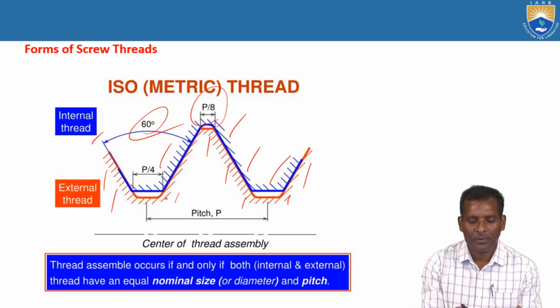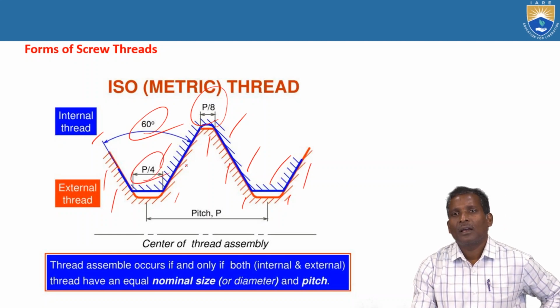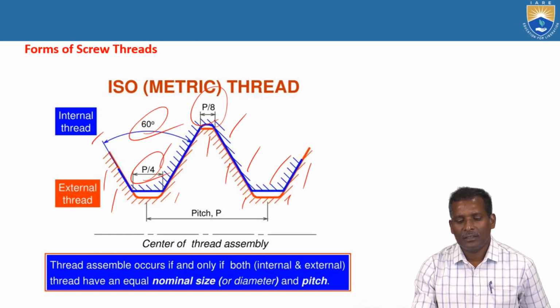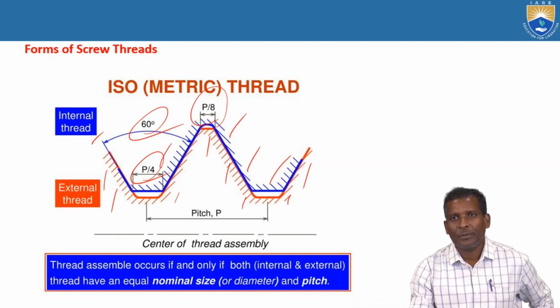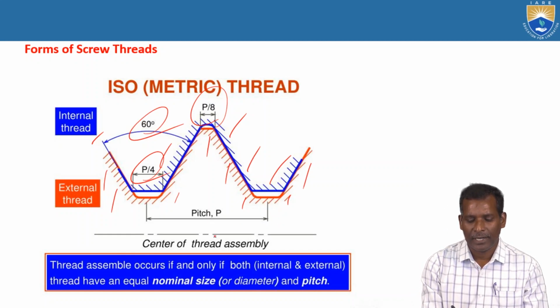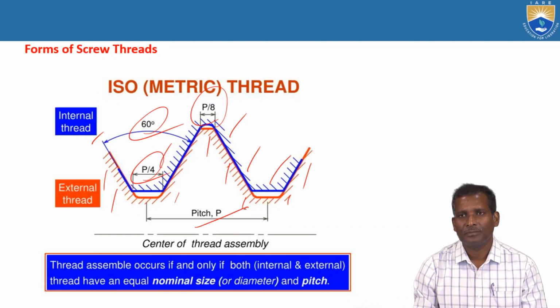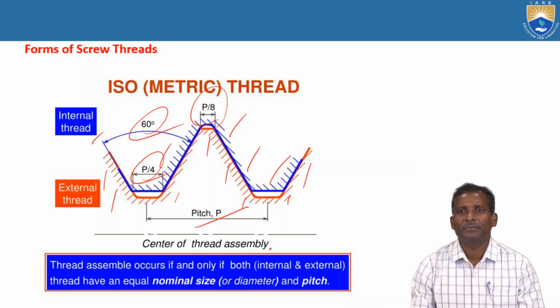Here in case of internal thread P by 4, and the center point of the thread is called the pitch. So here shown center line of a threaded assembly.